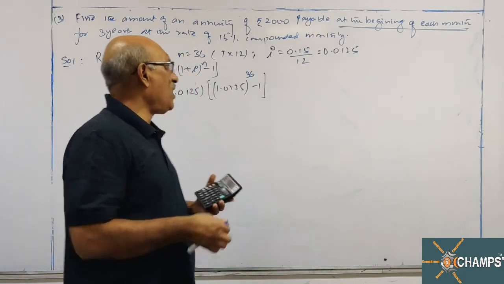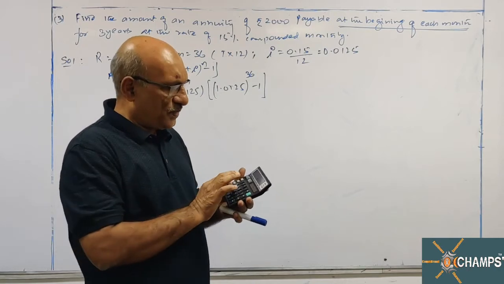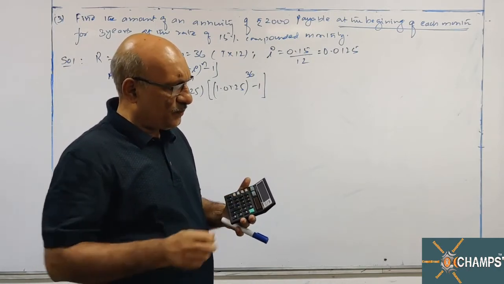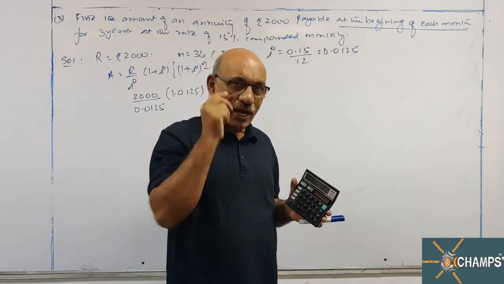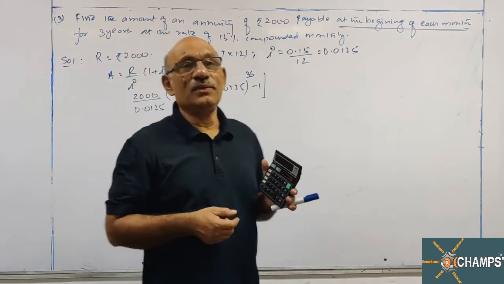So once again we have to raise 1.0125 to the power of 36. Press the equal sign till this number becomes 37.